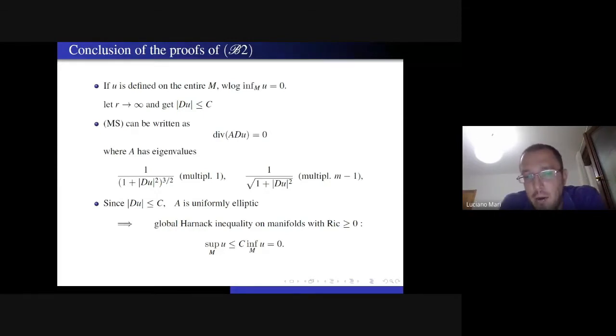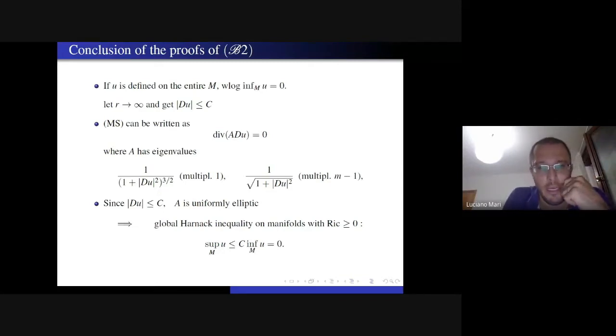Both of them are bounded from above, but they decay as the gradient goes to plus infinity. So the operator is in general degenerate elliptic, and that makes the difference. But if the gradient is bounded, A is uniformly elliptic. And if you have a manifold with non-negative Ricci curvature and a uniformly elliptic linear operator, you have a uniform Harnack inequality. I think this is due to Saloff-Coste.